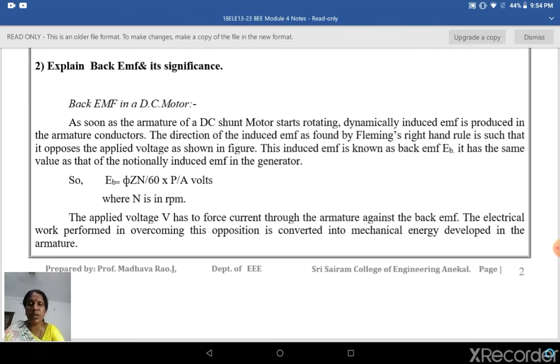The induced EMF is known as back EMF, represented as EB. It has the same value as the dynamically induced EMF in the generator.